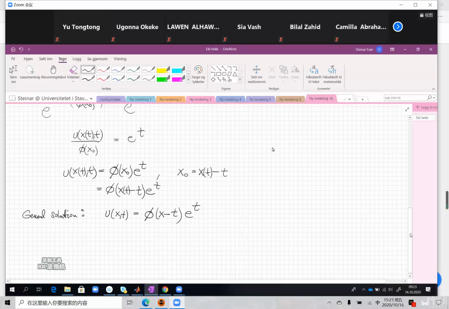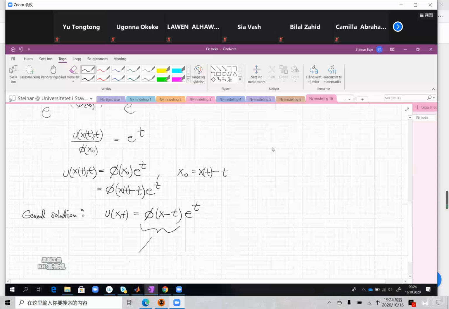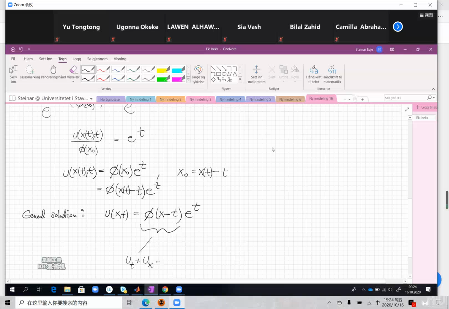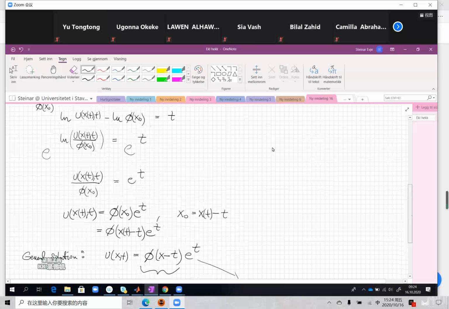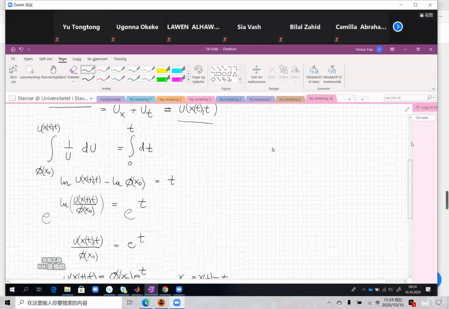And again, we can ask the question, where is the effect of the transport and where is the effect of the source term? Clearly, this part, φ(x - t), comes from solving u_t + u_x = 0. This part, e^t, must then come from the source term, u on the right hand side.